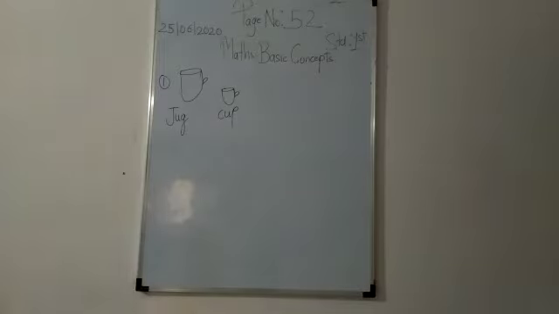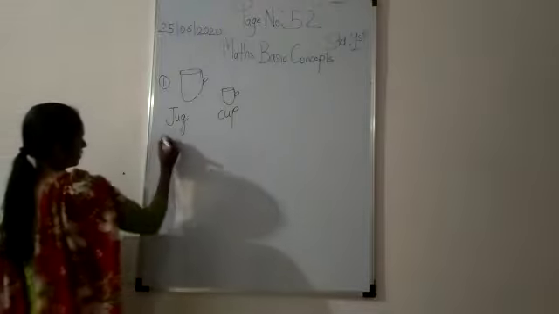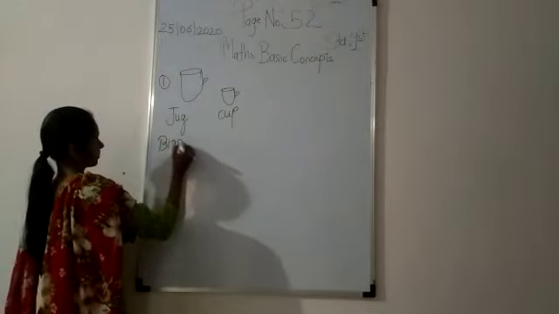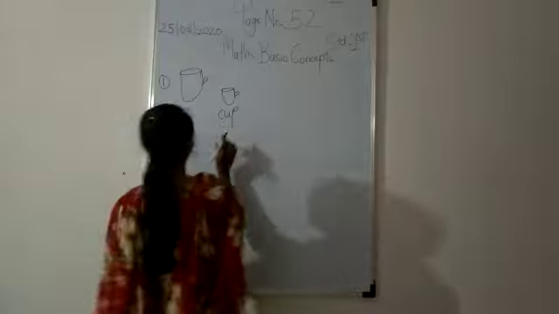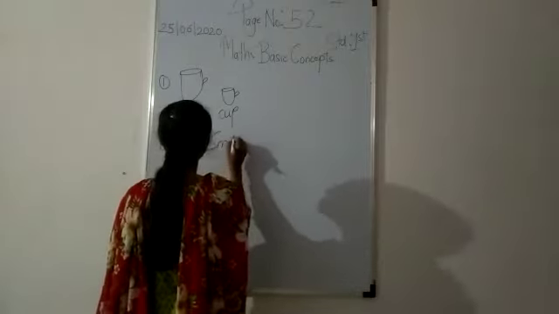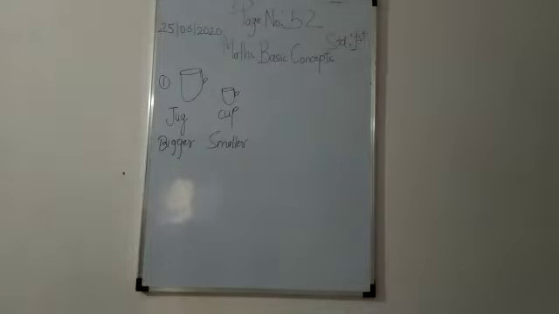Same way, look at the picture in the book. The kettle, that is brown color, is bigger than the cup. That means here in the picture, the jug is bigger and the cup is smaller. So here we will see the opposite of big and small.